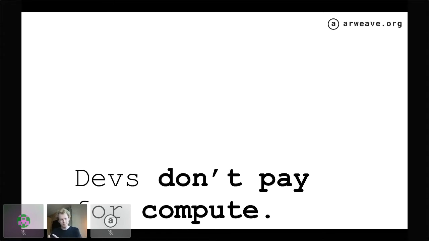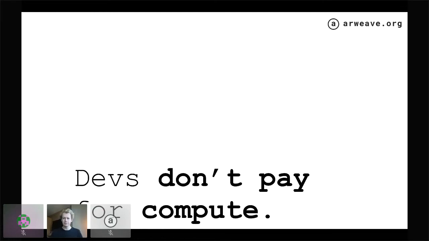Whereas on the PermaWeb, the cost of compute is not on the developer. It's actually on the relationship between the gateway and the user. So as much of the compute is pushed to the user's client itself, so it's running on their machine, and then database queries are done on the gateway. And then there's some kind of economic relationship between the gateway and the user.